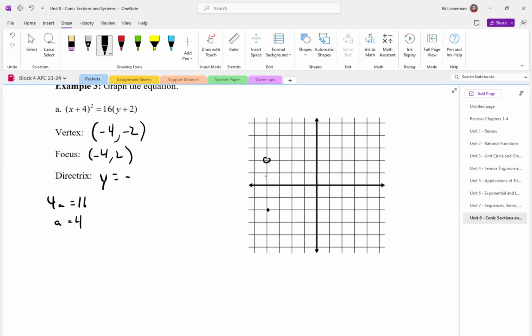So we count up to the focus, and for the directrix we have to count down 4. So y is equal to negative. Let's see, the vertex is at -2, then go down 4, -6. Are we good with this?